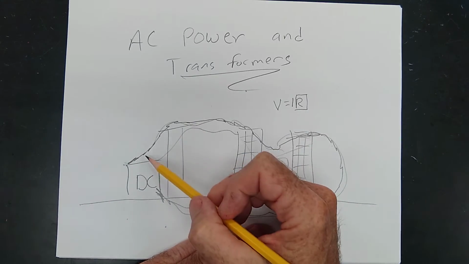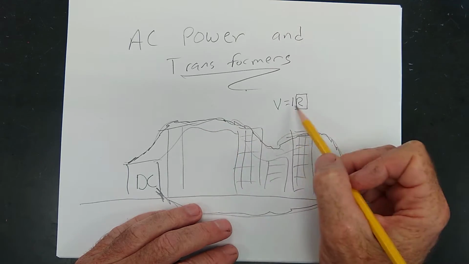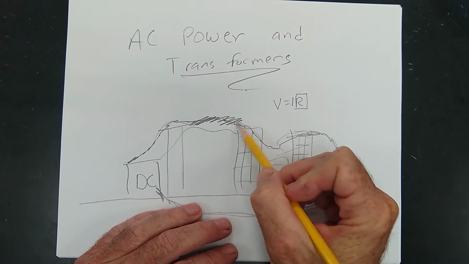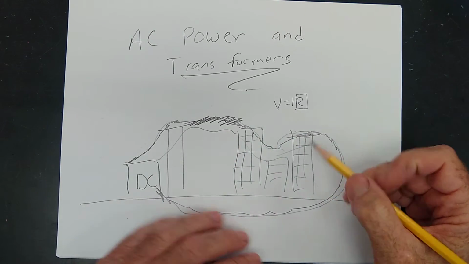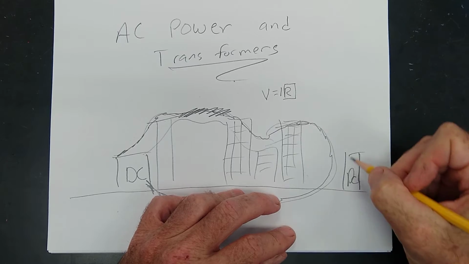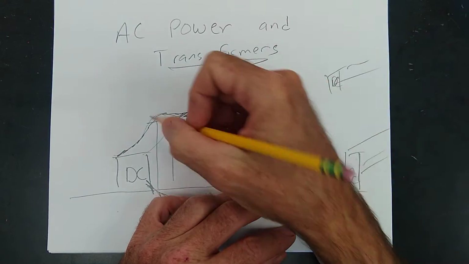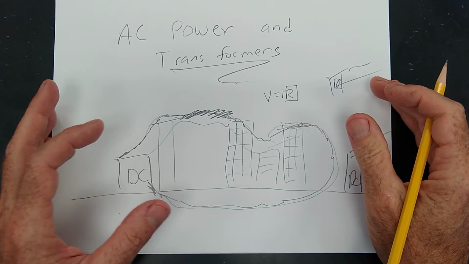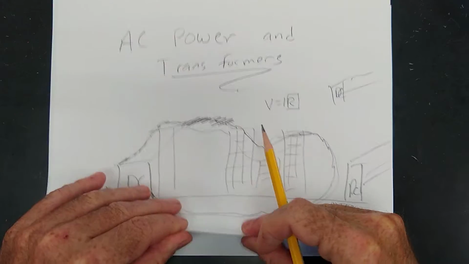So one electron had to make this entire trip. What happened was the wires got hot and the electricity couldn't go very far. So he had to build another power plant and do some more buildings, and then another power plant and do some more buildings, and then another. He had to build a power plant in crowded areas just every few miles, so that was terrible.